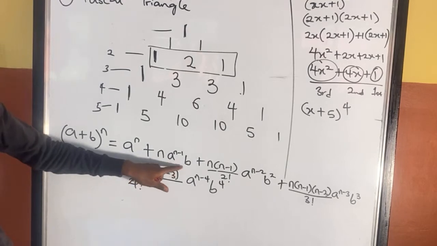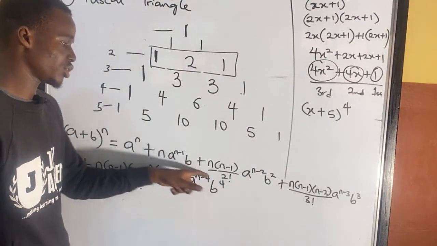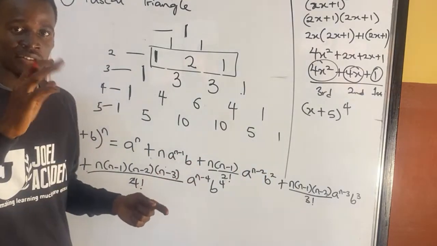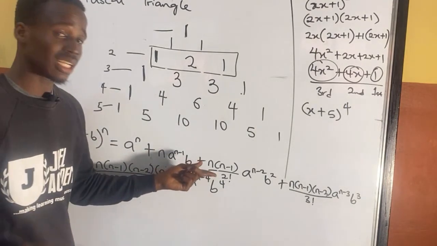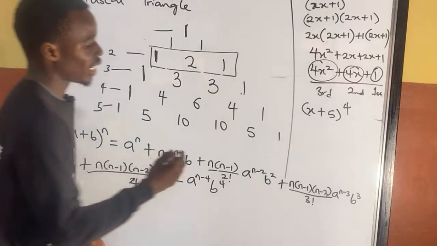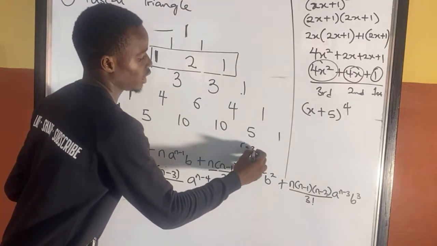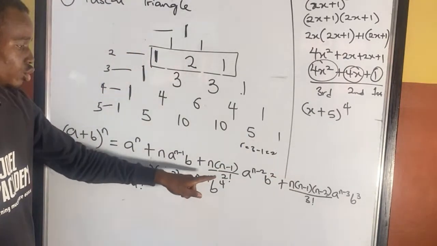So you know this is constant, that your A is decreasing and your B is increasing. But then your coefficient. If you are looking for the third term, this is the first term, second term, third term. Your R is what? Like from the other example, your R is 3 minus 1, which is 2.